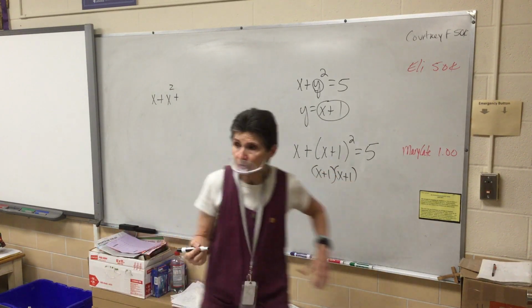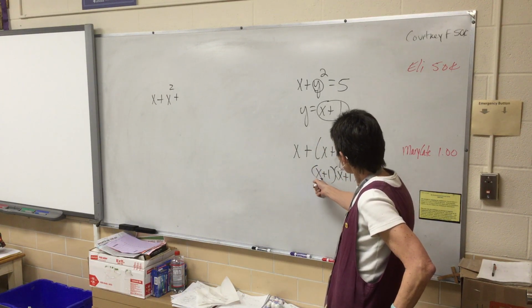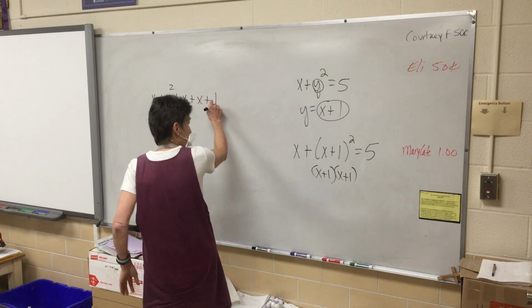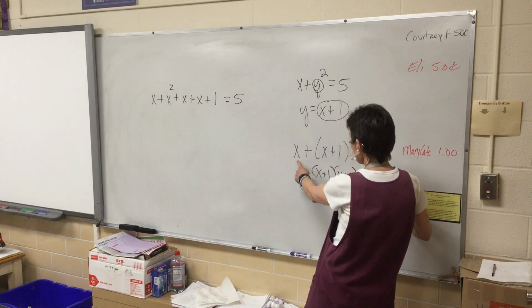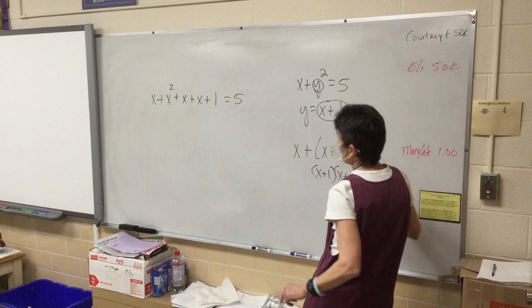Now, some of you don't need to do that, but some of you do, and it's okay. That means x plus 1 times x plus 1. So it's going to be x squared plus x plus x plus 1 equals 5. So I have my x out in front, and then I have all this foiled out, and it equals 5.